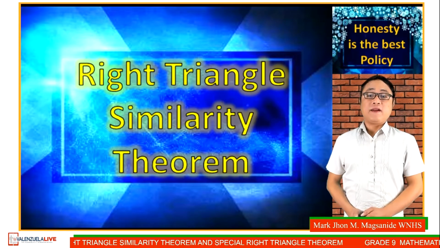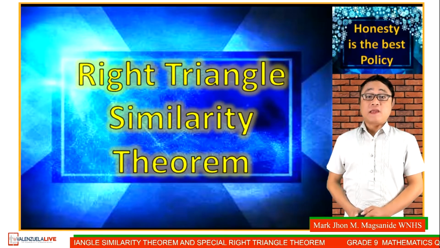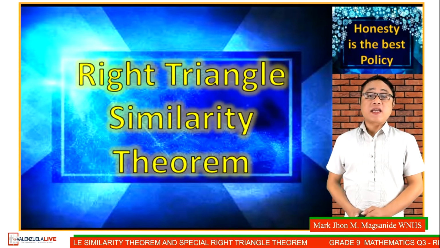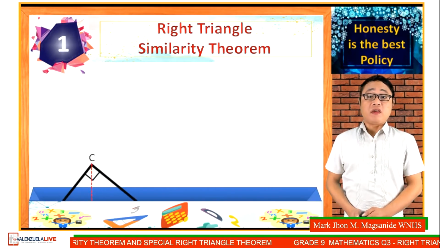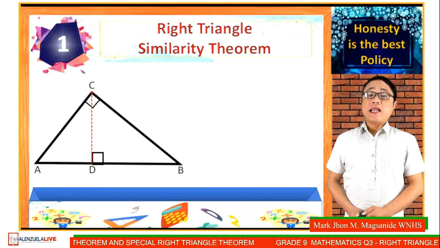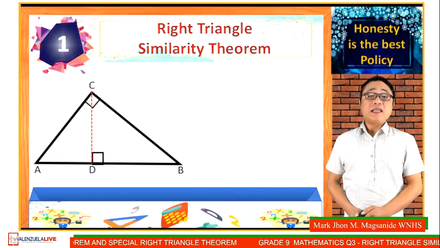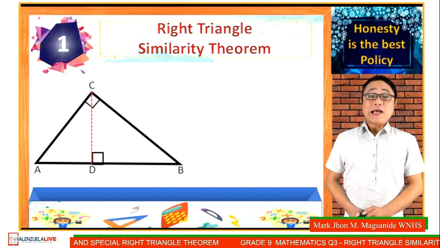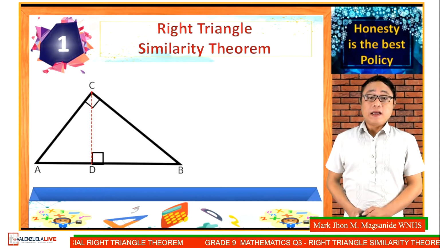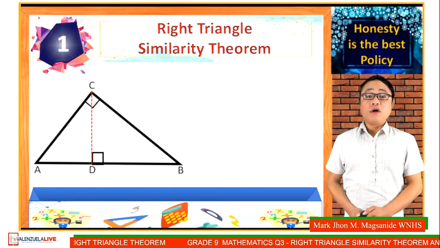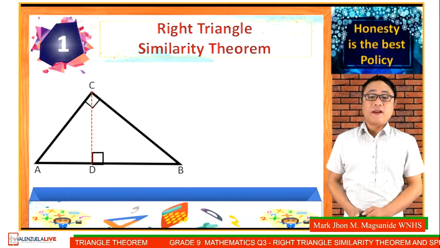For the first theorem, right triangle similarity theorem, as shown in the figure, triangle ACB is a right triangle with right angle at angle C. CD is the altitude of the given right triangle.